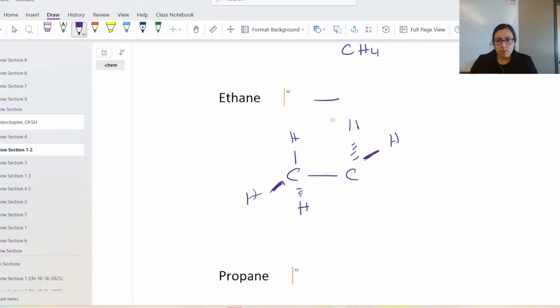And so right now I'm drawing the most energetically favorable conformation of ethane. And if I had my model, this would make more sense.